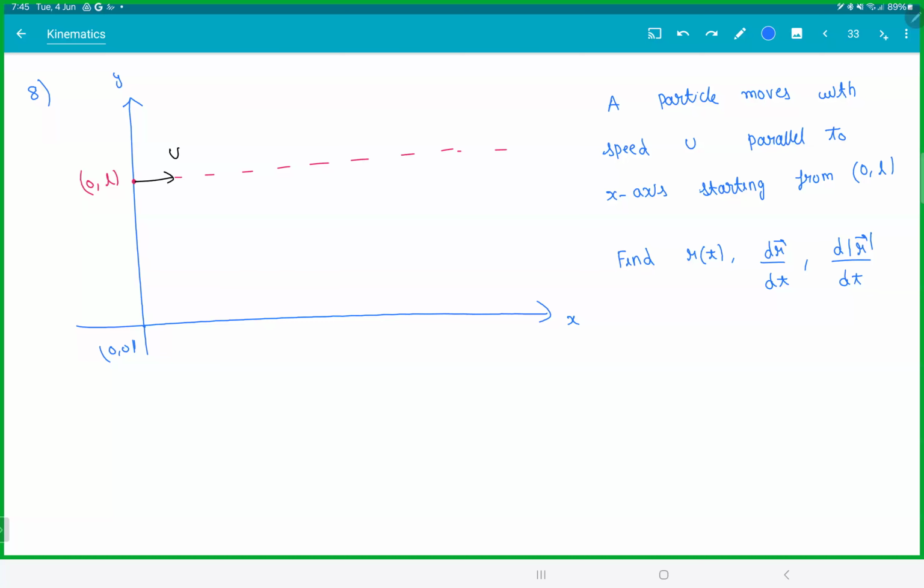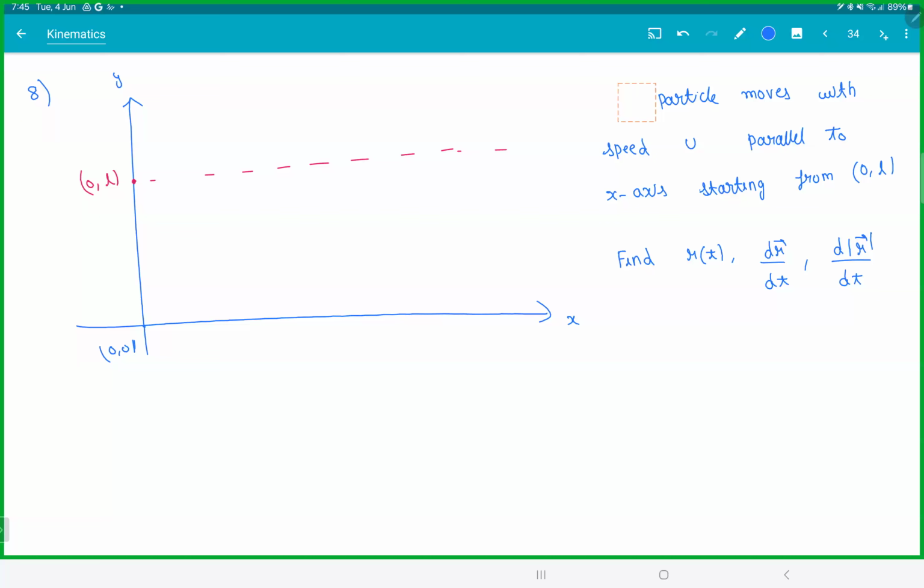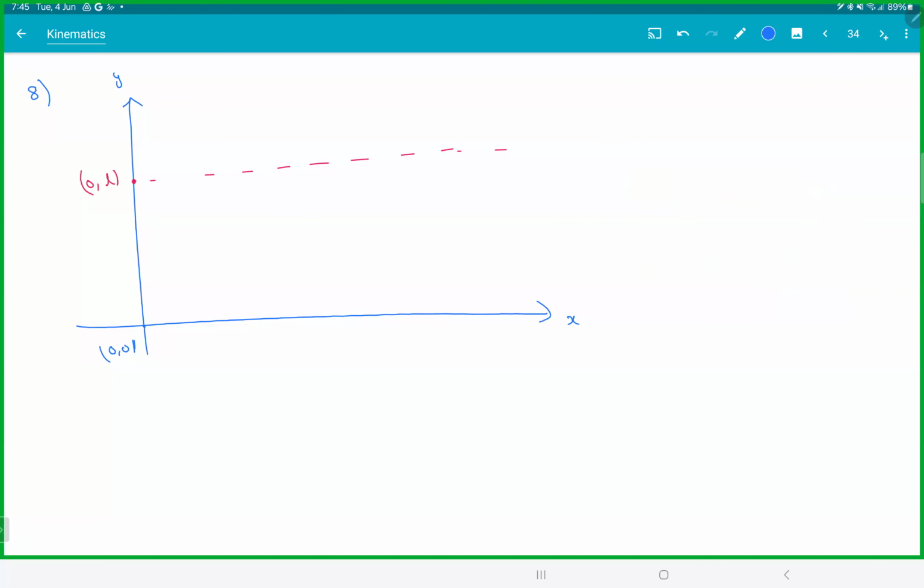Vector is easy. See, after some time t, you will reach somewhere here. So how much do you travel? You must have traveled a distance of u into t. And what is this height?